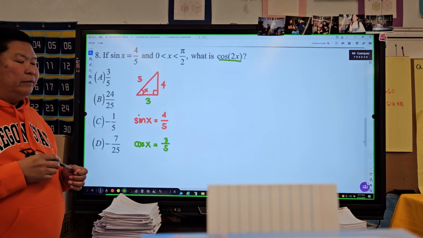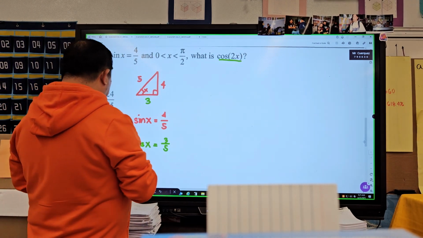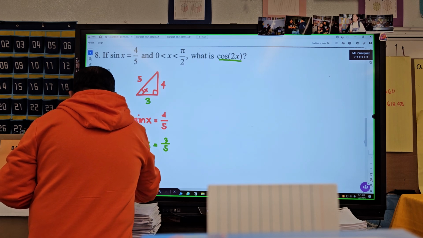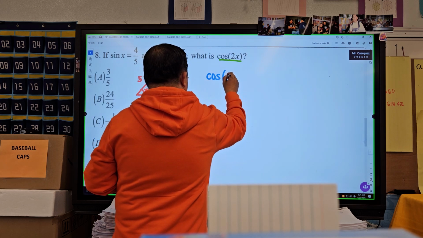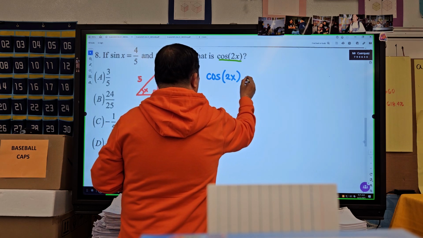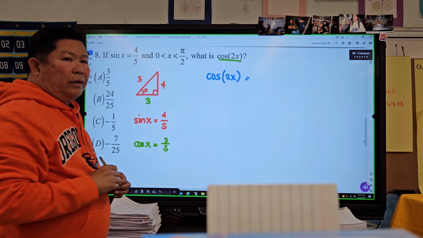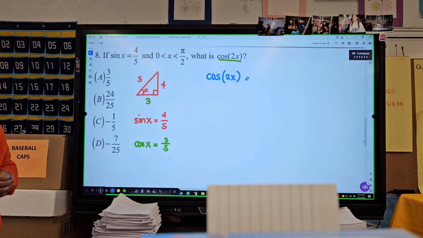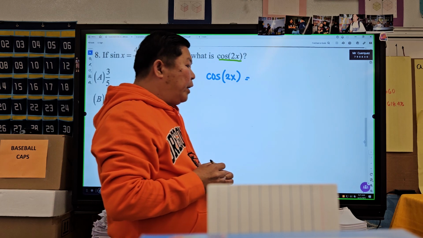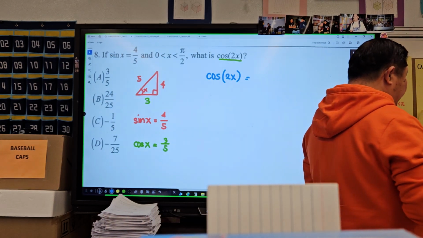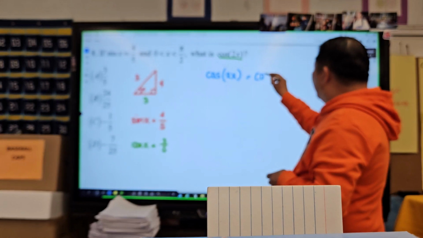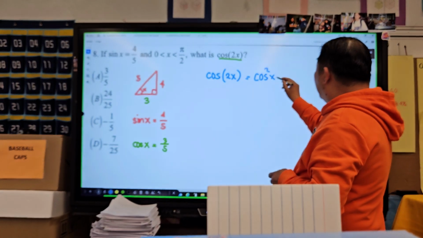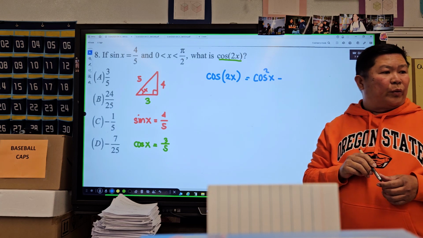We all know that cosine 2x is equal to cosine square x minus sine square x.